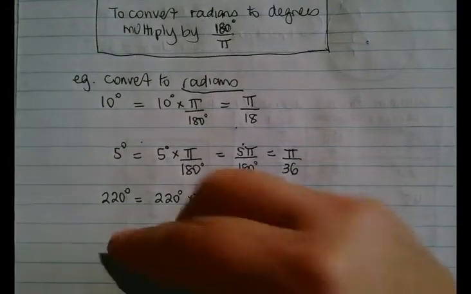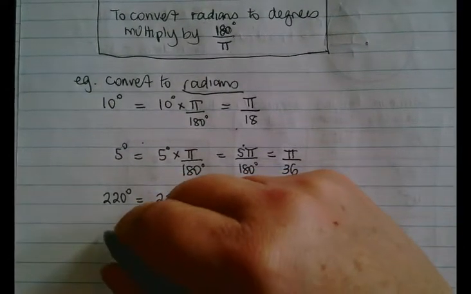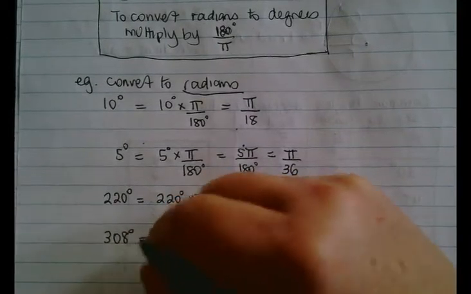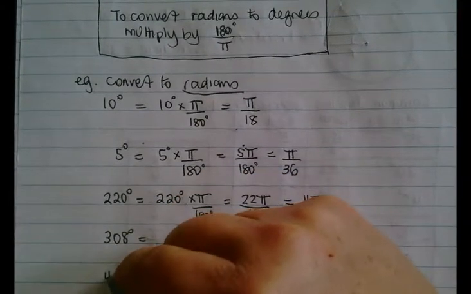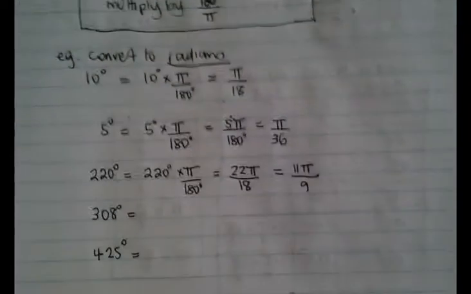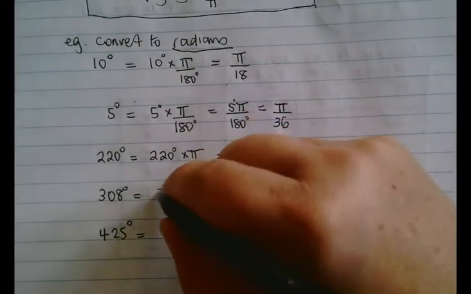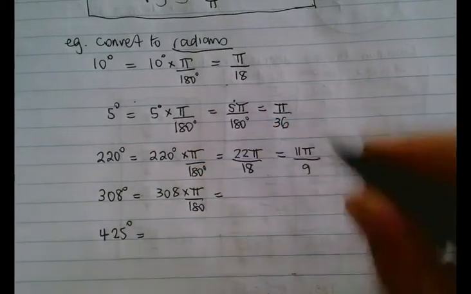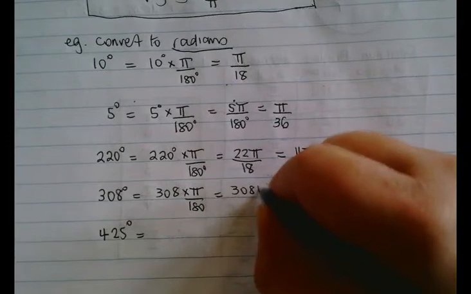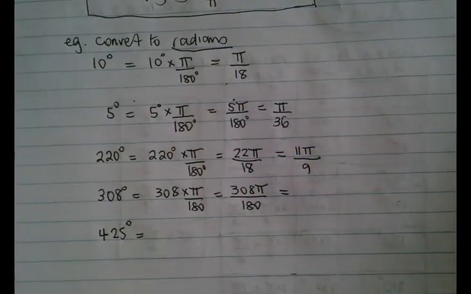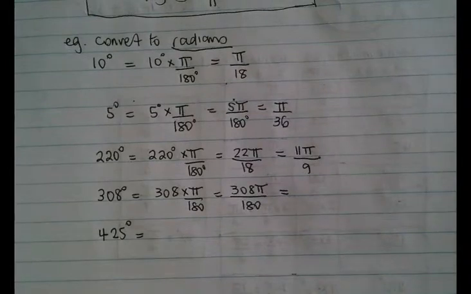What if I said 308 degrees? So 308 pi on 180, and you'll need to simplify. I do not want a decimal answer. That can be written as a fraction answer.